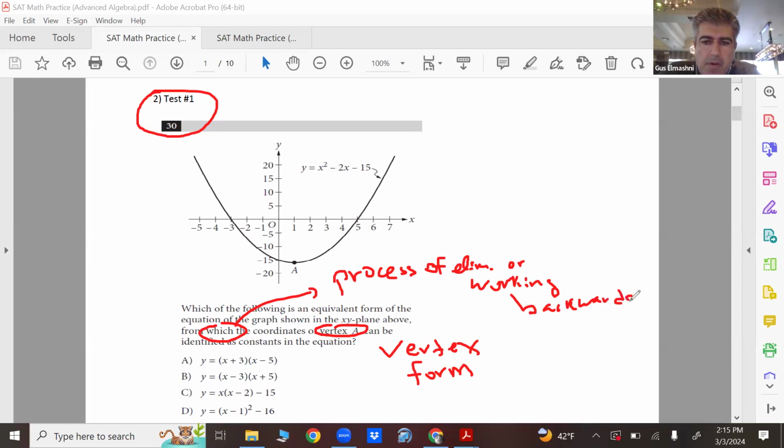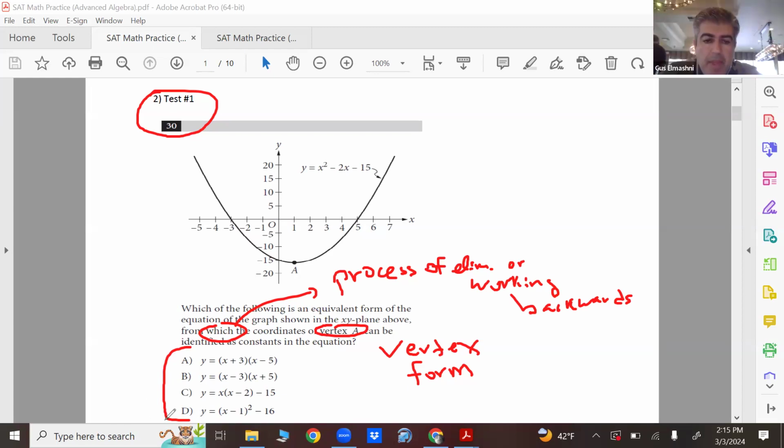Okay. Well, look at the choices. One of those four will be in vertex form. Which one do you guys think? I think it's, would it be D? Yeah, that's it.